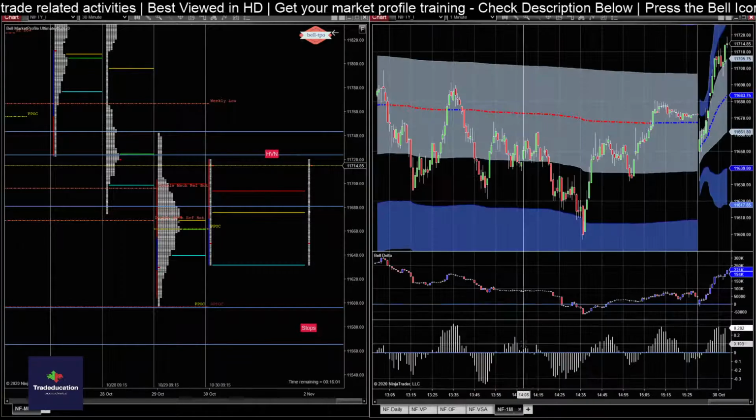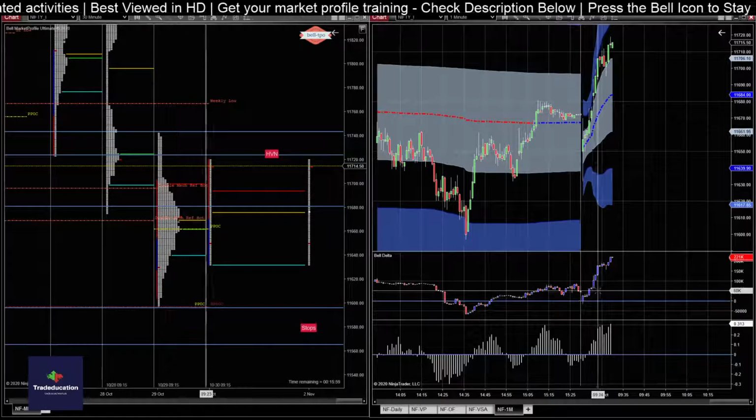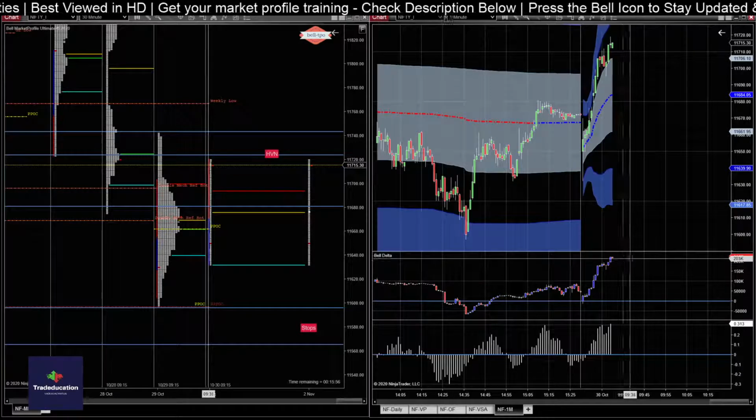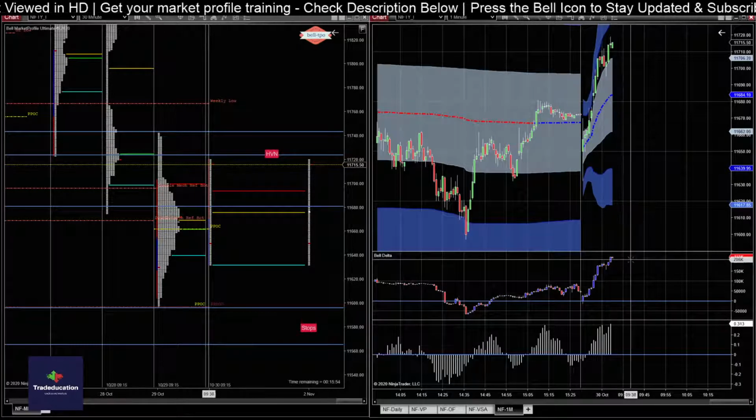So if you look at the cumulative delta, it's just going in one direction. So I'm just waiting for some sideways movement.